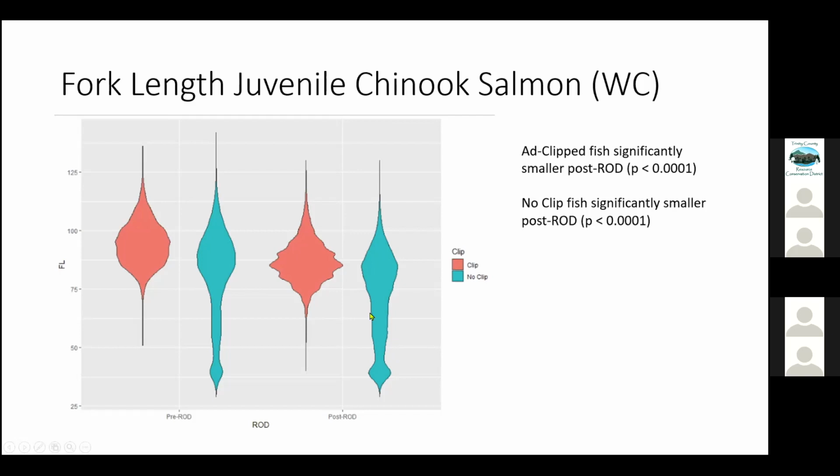Okay. Based on the abundance estimates, it does appear that there are more natural origin juveniles out there than pre-rod. So teasing out sampling effects versus abundance effects is tricky in this case.